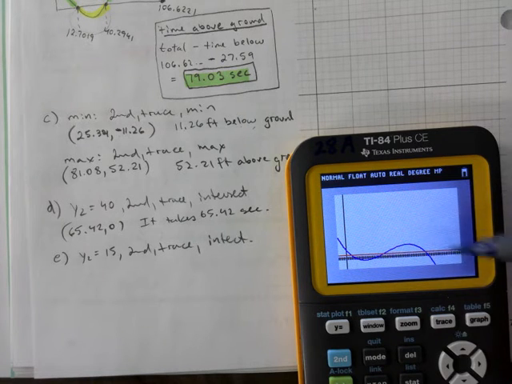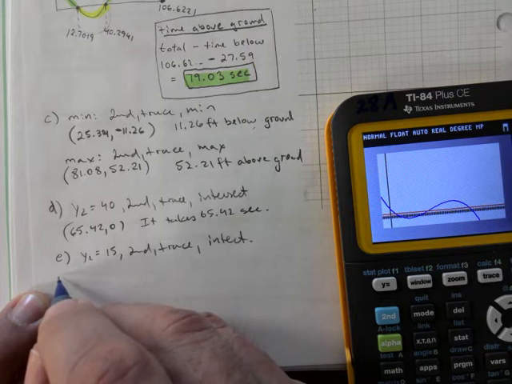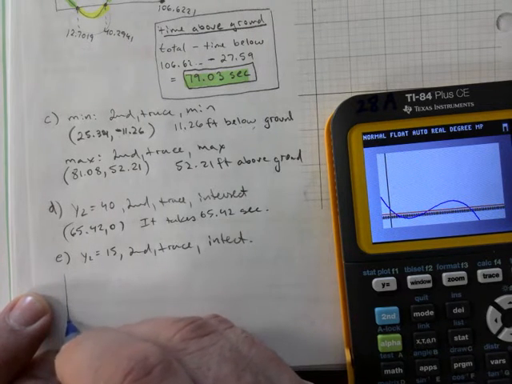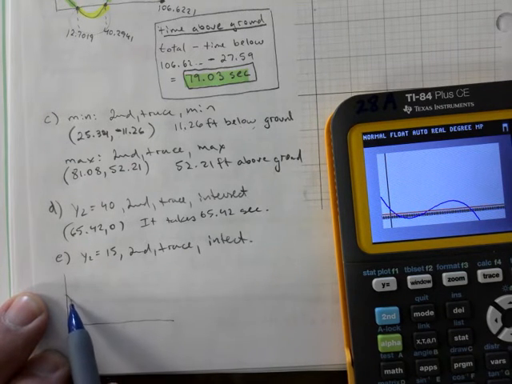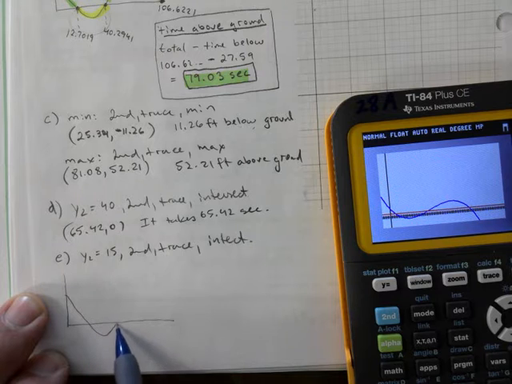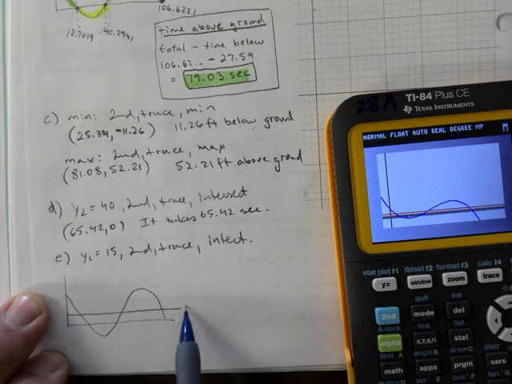So actually, it's about the same amount of work. So what I'm going to do is time above. Let's do a real quick sketch. I'm going to go like this, and like this. And my 15 line is going to be right about there.